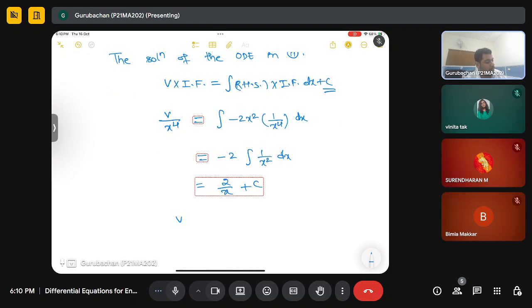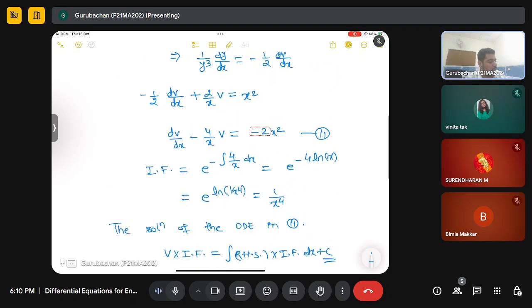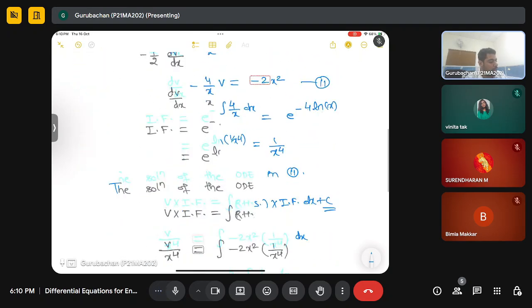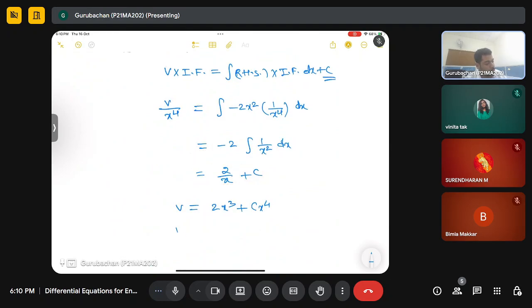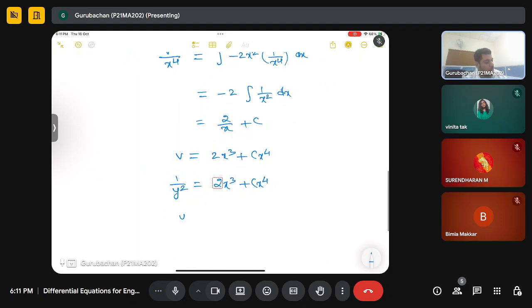So from here v will be 2x cube plus c x to the power 4, and v was 1/y^2. So y will be plus minus 1 by the square root of 2x cube plus c x^4.